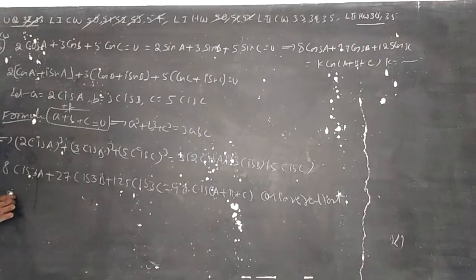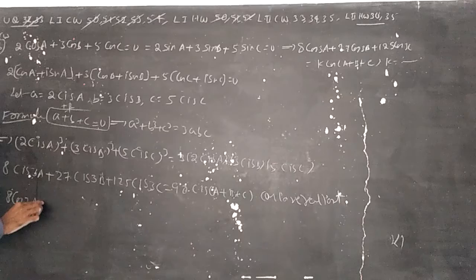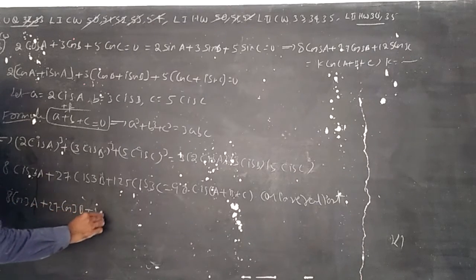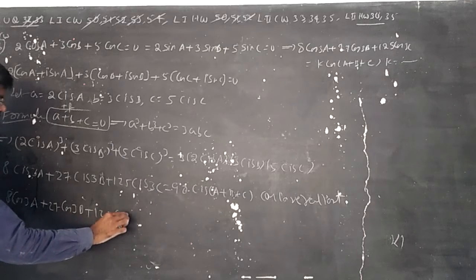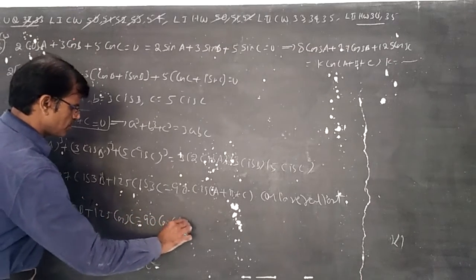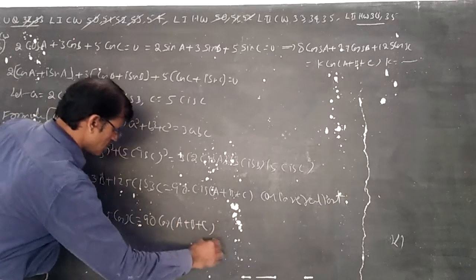It becomes 8 cos 3A plus 27 cos 3B plus 125 cos 3C is equal to 90 cos of A plus B plus C.